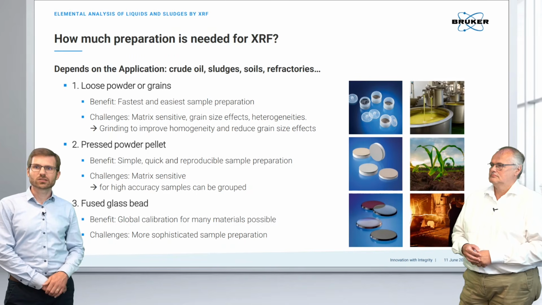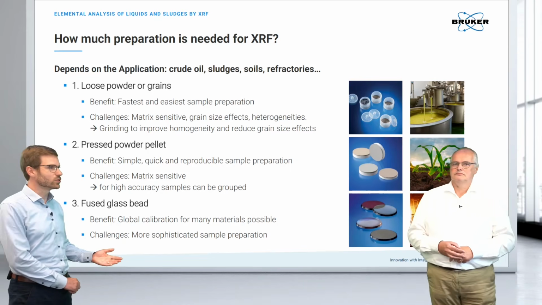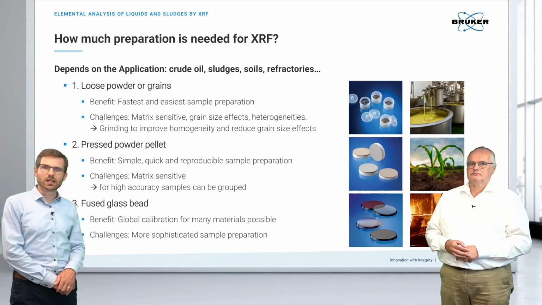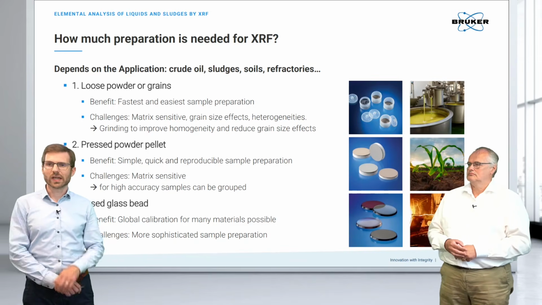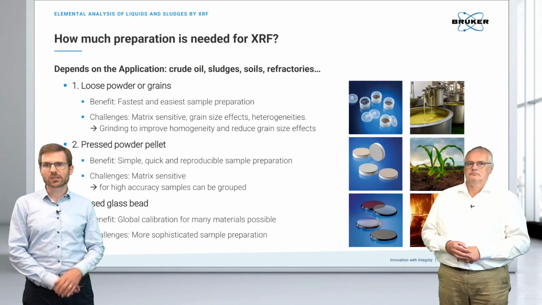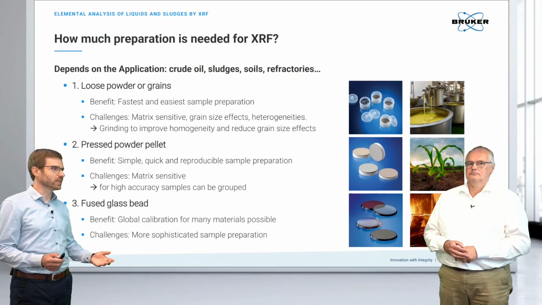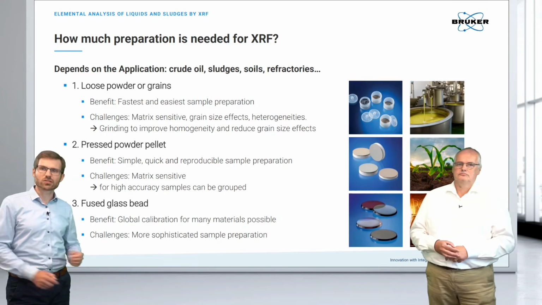And this is what you can overcome with fusion. With fusion, you typically dilute by a factor of something like 1 to 8, or 2 to 8, so 2 grams of material, 8 grams of a flux. So you have some dilution. You destroy essentially all the matrix effect, so you can also have very broad calibration for a wide range of materials.